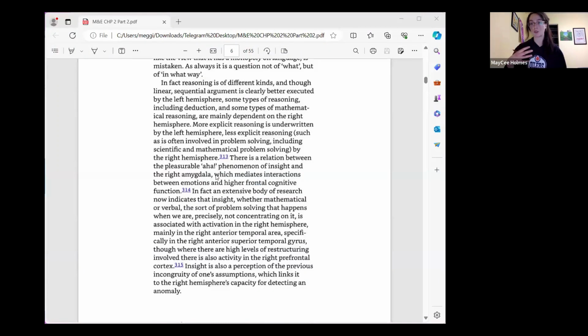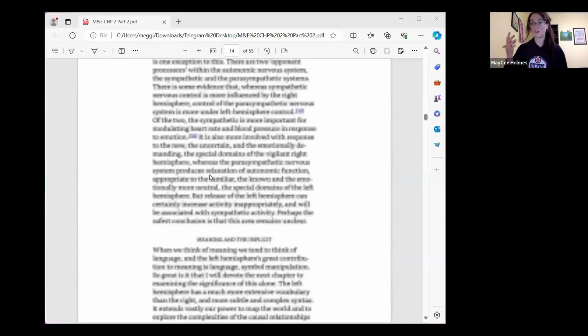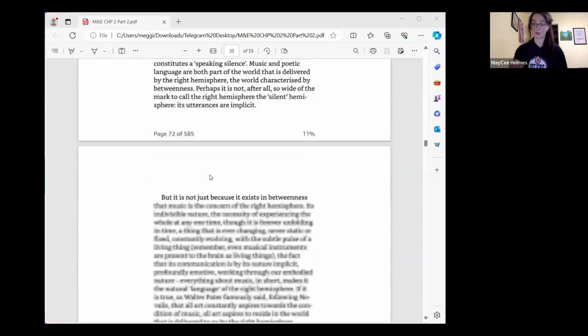So I feel like what the right hemisphere is very akin to is individual discrimination of uniqueness, which is what the right hemisphere is very familiar with. So that general to specific is more like, well, there's something individually unique about all of you.